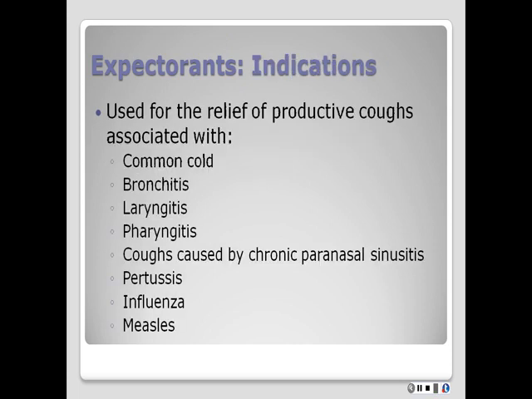So these drugs are used to relieve the productive coughs associated with common colds, bronchitis, laryngitis, pharyngitis, coughs caused by chronic postnasal sinusitis, pertussis, influenza, and measles as well. Adverse effects are pretty minimal. Guaifenesin may cause nausea, vomiting, and gastric irritation.